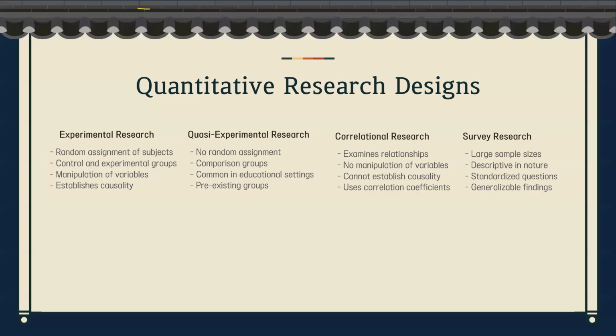We use pre-existing groups. Correlational research only examines relationships and cannot establish cause and effect. Survey research involves large sample size and is mainly descriptive.